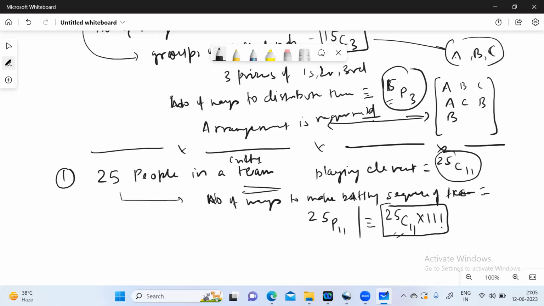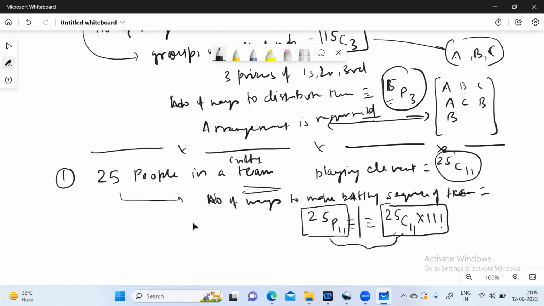Do you remember that these two things are the same? Is everyone okay? So the playing 11 and the batting sequence are two different things. In the batting sequence, you need arrangements also. In the playing 11, you don't need any arrangements.